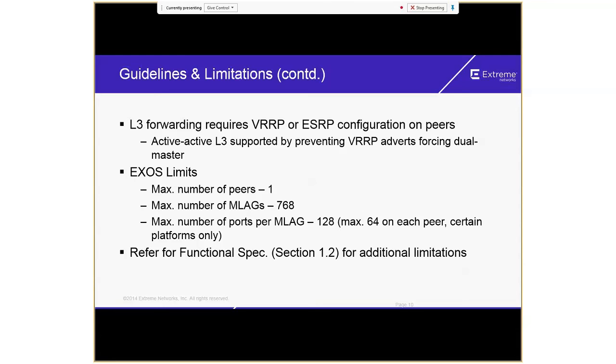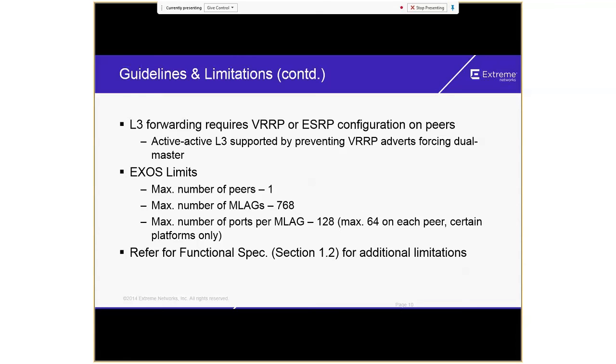The limitation with MLAGs is that you can only have one peer switch. You cannot have multiple peer switches, but you can have different MLAG IDs, and the number of MLAGs that can be configured on a switch is 768. So you can have several different MLAG sessions running, but the peer switch can only be one.